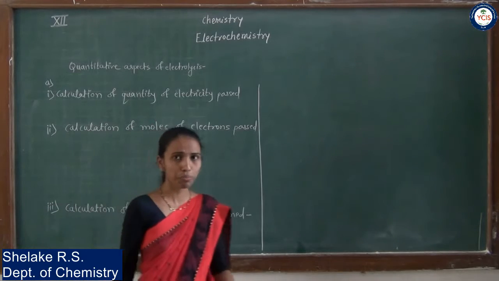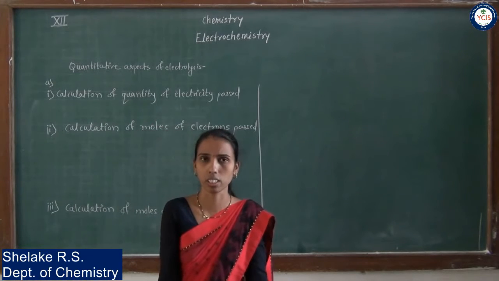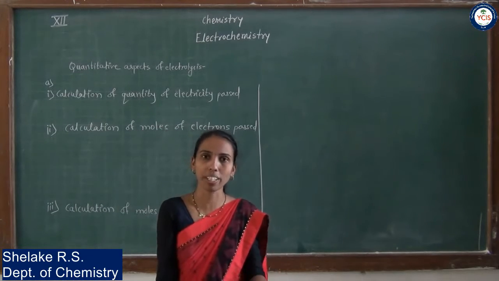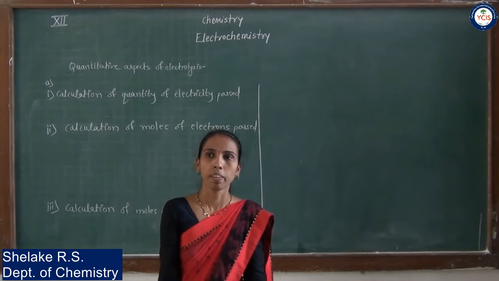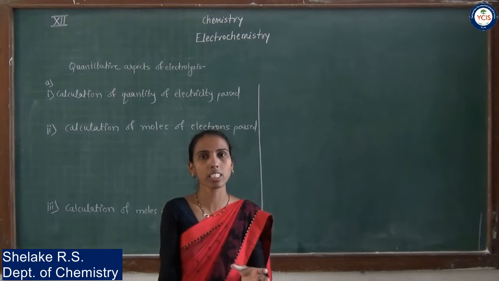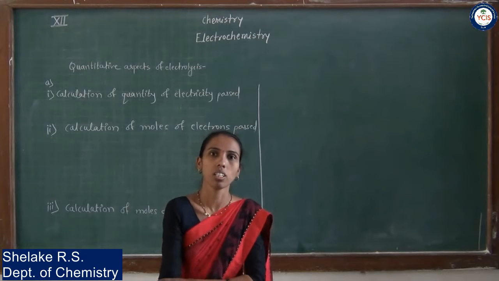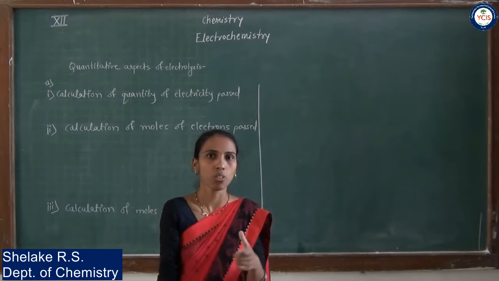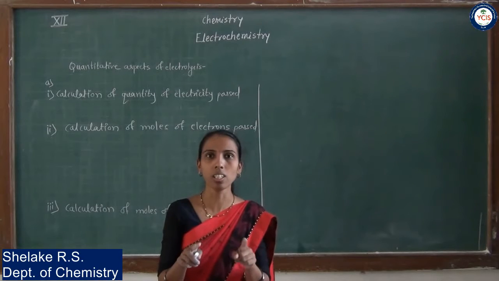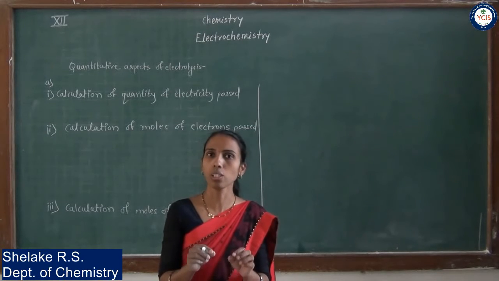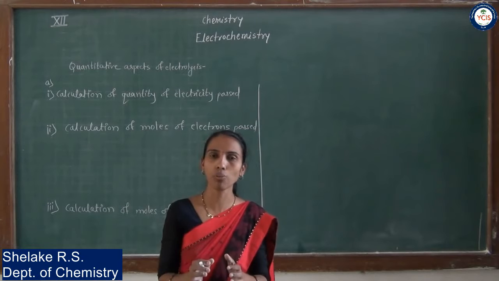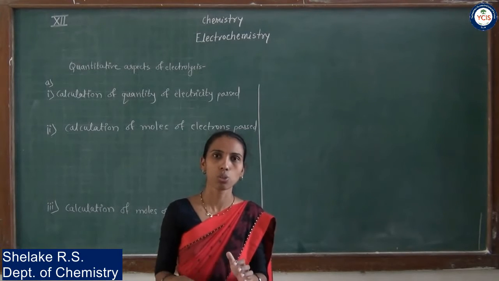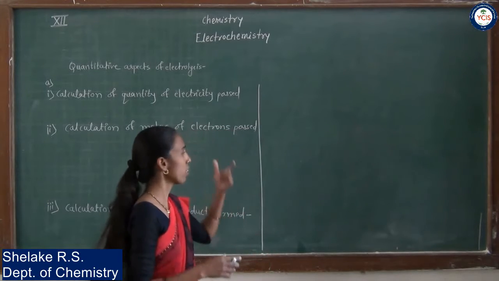Suppose during the electrolysis of any electrolyte, some amount of electricity is passed. What we are doing during electrolysis is joining the electrodes to the direct current source or to the battery. So some amount of electricity will pass through this electrolyte.